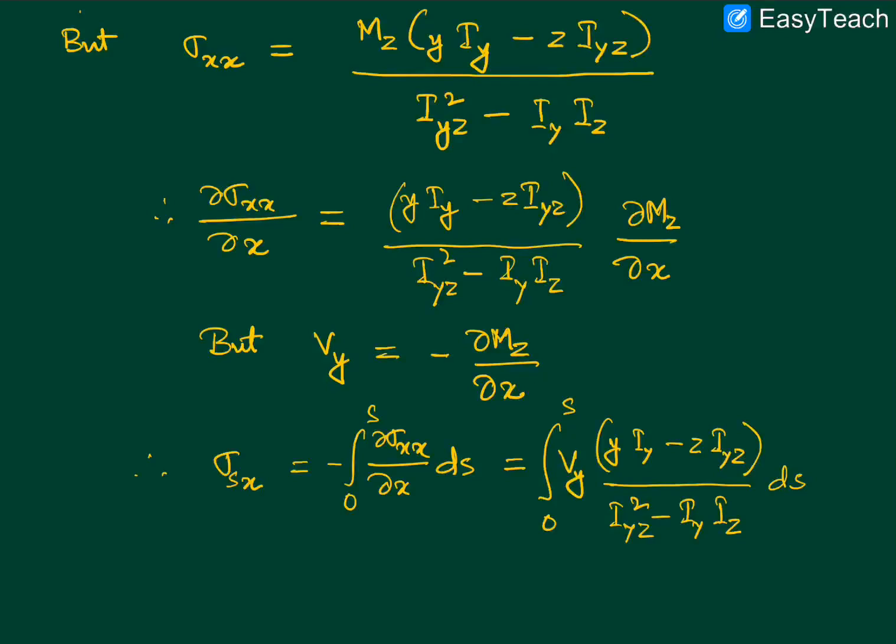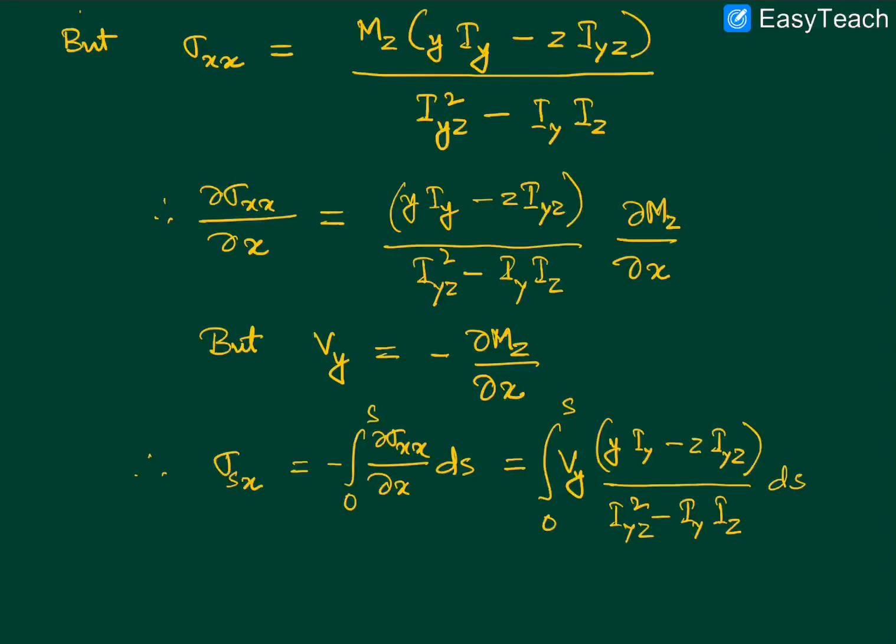Now, we had mentioned during the development of that theory that when we were finding this expression of sigma xx in the previous lectures on unsymmetrical bending, this formula was derived first of all starting with the y and z axis in such a fashion that they were centroidal axis.